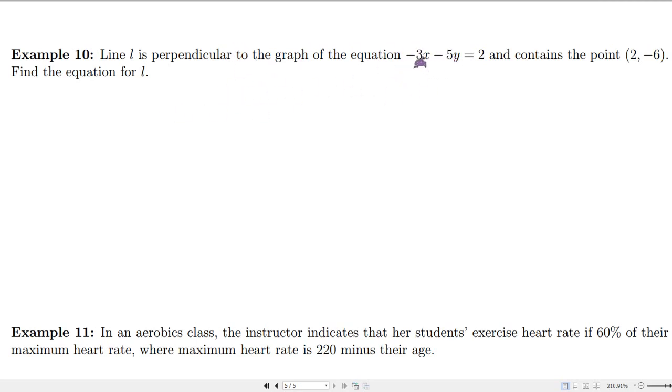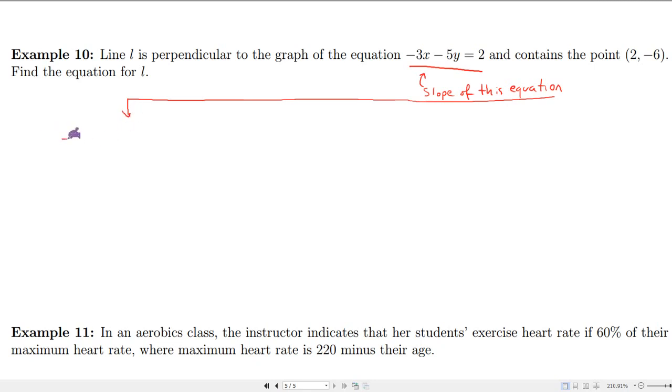So this equation, what's the slope of this equation? Let's do that first. Okay, so negative 3x minus 5y equals 2. So solve for y, and you will add 3x to both sides. We will have negative 5y is equal to 3x plus 2.